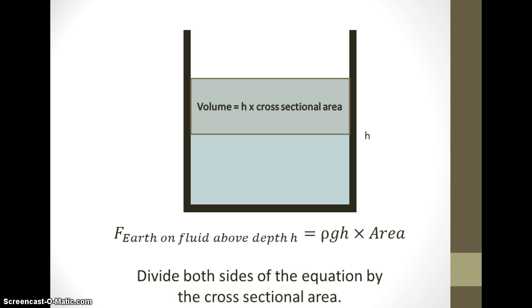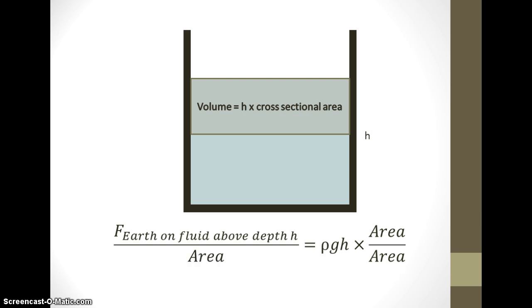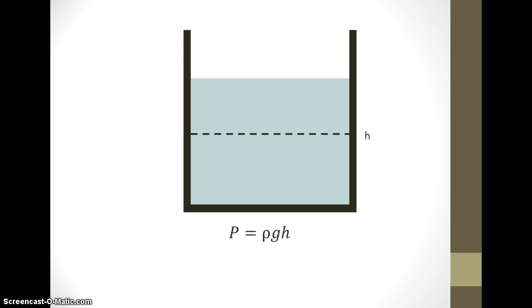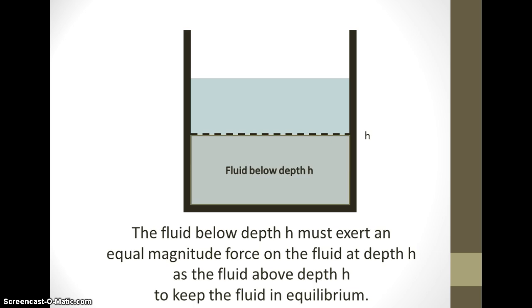If we divide both sides by the cross-sectional area, on the right-hand side of the equation that will cancel out. And so on the left-hand side, now we have a force divided by area, which we said is pressure. So we can replace that with pressure and get rho g h: density times g times the depth of the fluid, h.